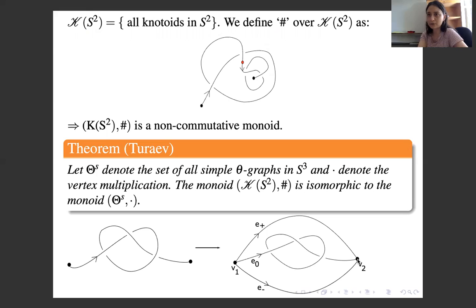So simple theta graphs also give us an algebraic structure with the vertex multiplication defined on them. And actually, Turaev showed that the monoid of the spherical knotoids is isomorphic to the monoid of simple theta graphs given by the vertex multiplication.